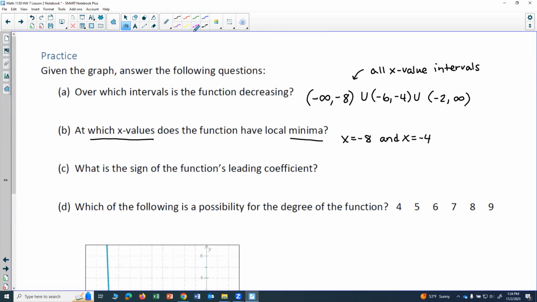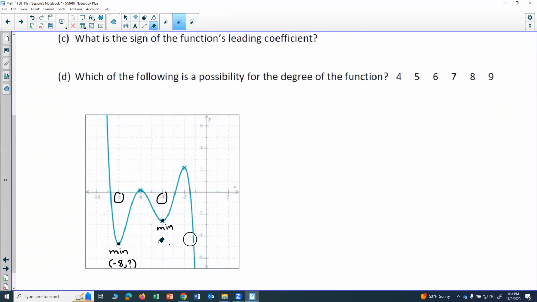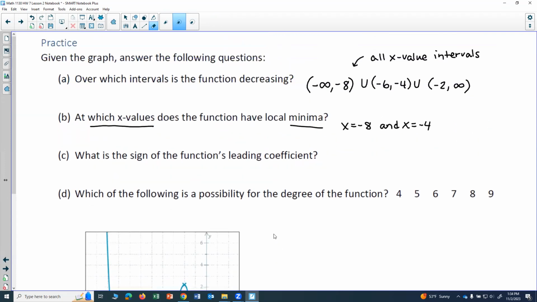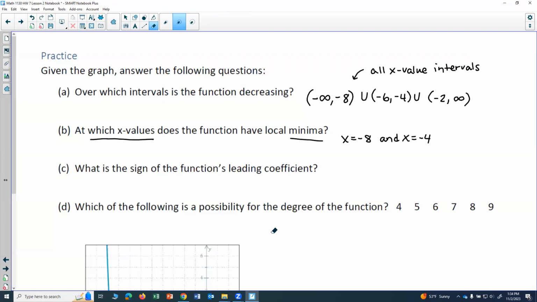All right, what is the sign of the function's leading coefficient? So this has nothing to do with the maxima or the minima or the increasing or decreasing. This just has to do with the end behavior.